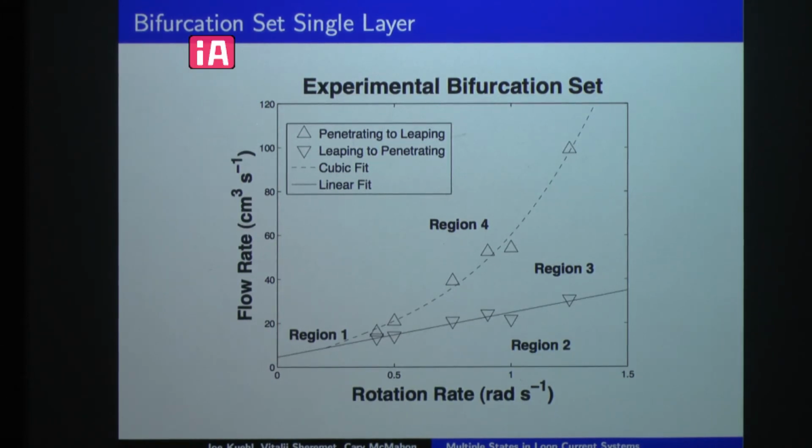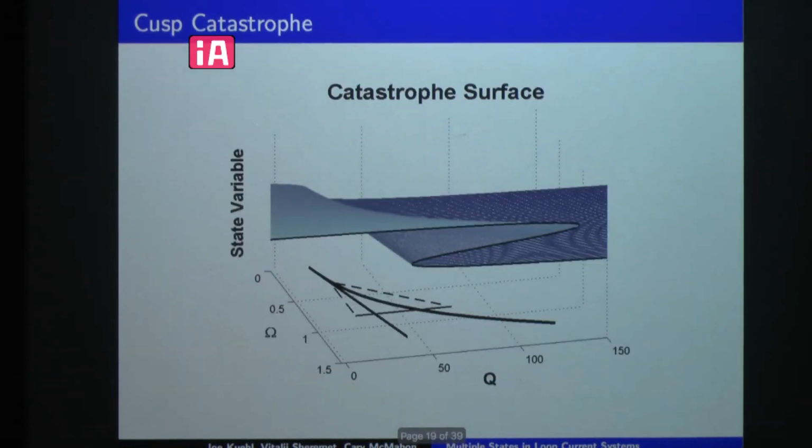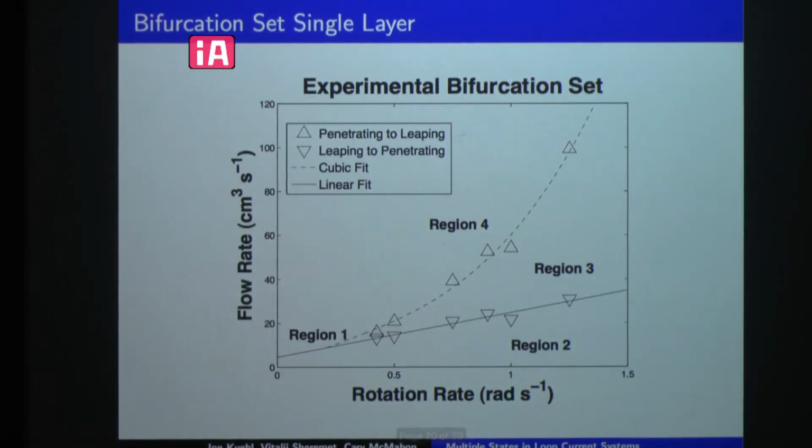So we can take that catastrophe surface, which is just the name of it, and we can project those folds down. These folds are the important part. They're where transitions occur. And I can understand that in my high flow rate, low inertia case, I have leaping states. I have loop current states in the low inertia, high rotation rate case.